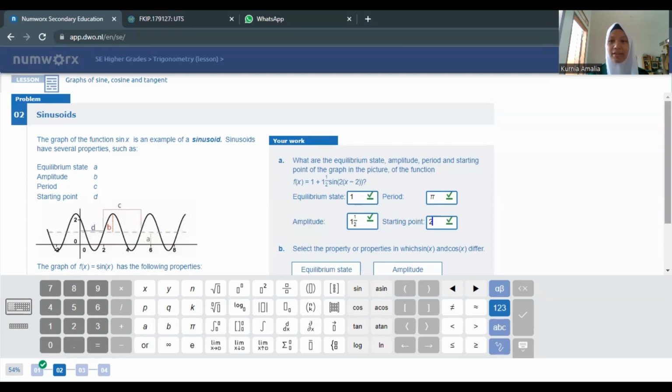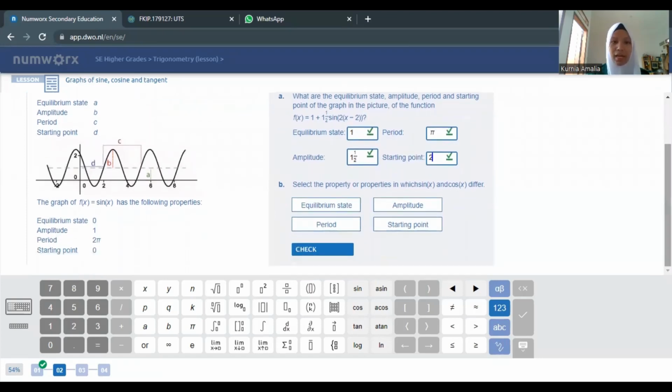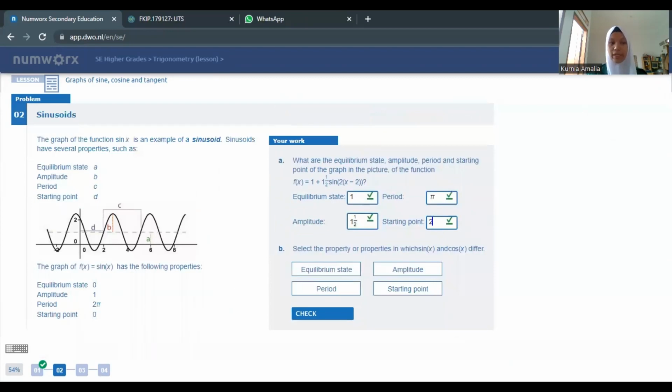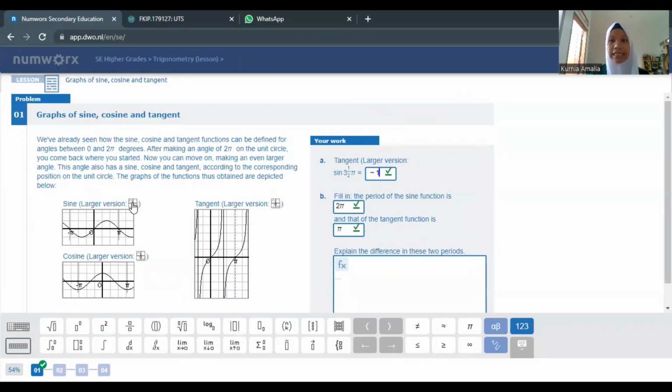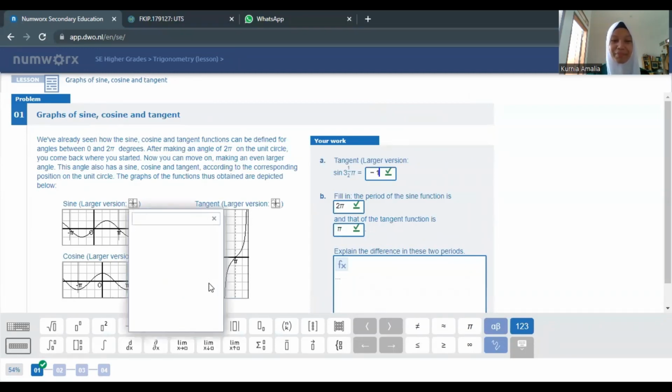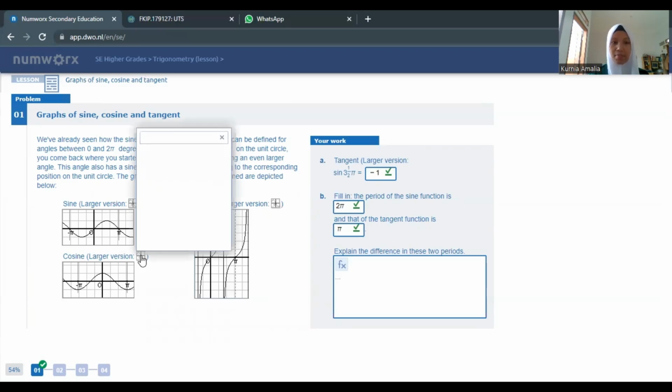Correct. B. Select the property or properties that are different between sin x and cos x. To answer this, we can go back to question 1 and use that graph. As I said before, the sine graph consists of one hill and one valley. The hill starts from 0, while the cosine graph also consists of one hill and one valley, but it starts from 1.